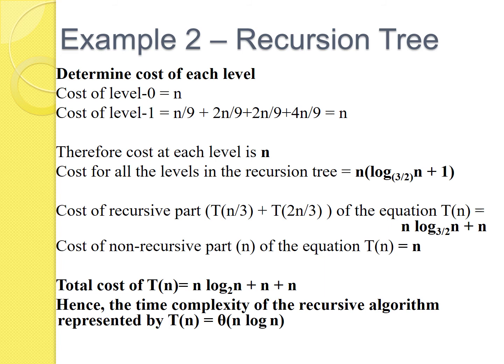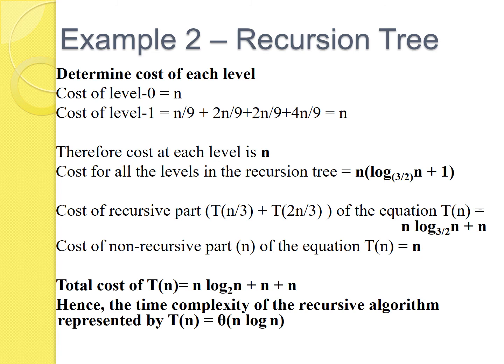The cost of the recursive part of the recurrence equation T(n) equals n multiplied by log base 3/2 of n plus n, which we obtain using a recursion tree. The cost of non-recursive part of the recurrence equation T(n) equals n.